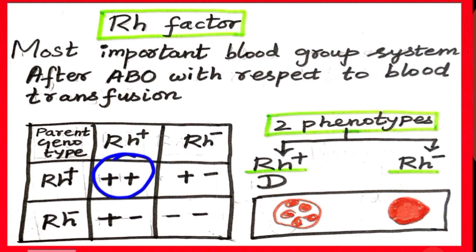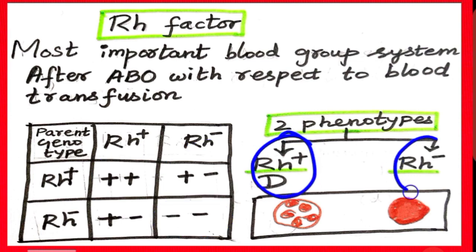Homozygous positive, heterozygous positive, then homozygous negative. These are the three different genotypes we receive as a result. However, we only get two phenotypes, that is Rh positive and Rh negative.